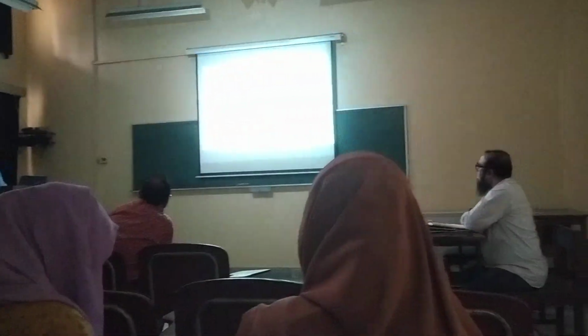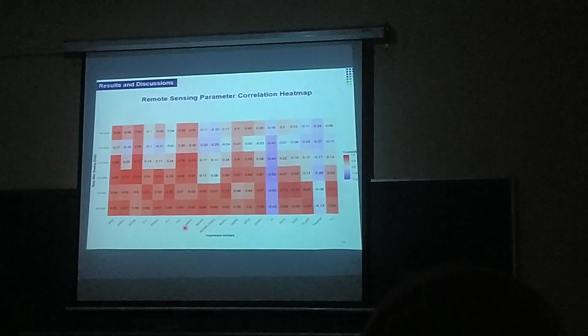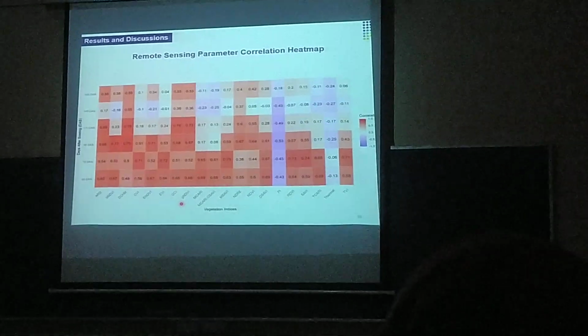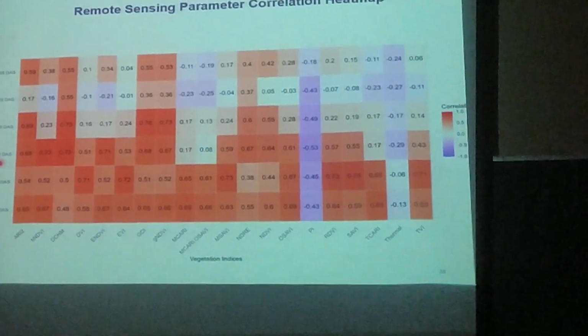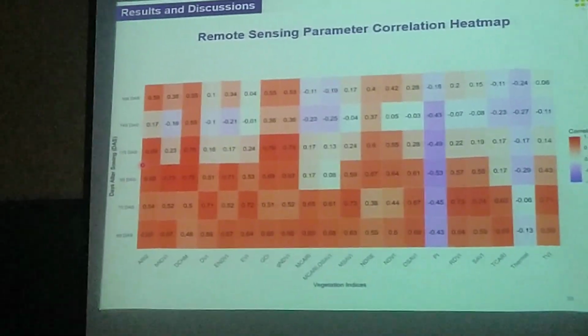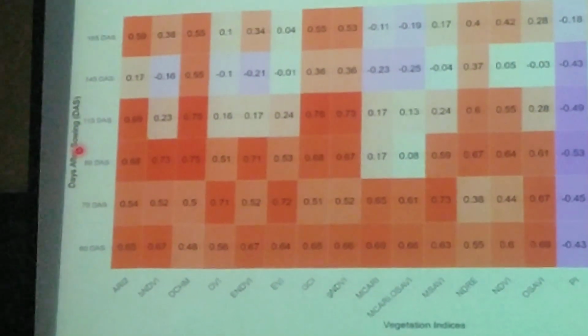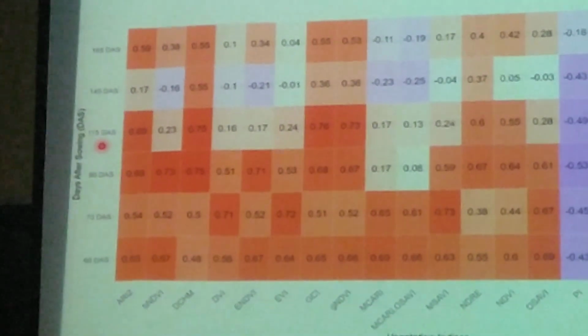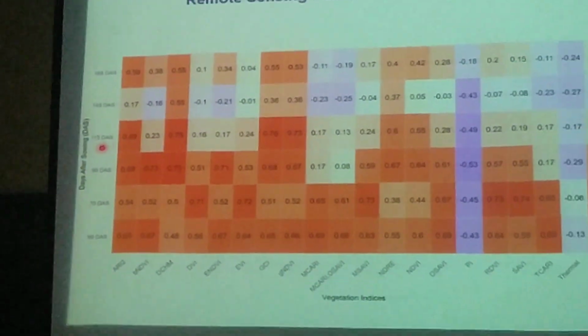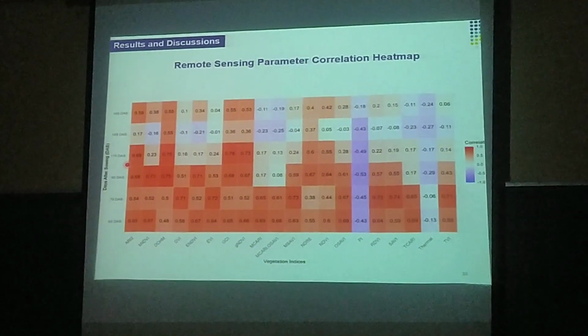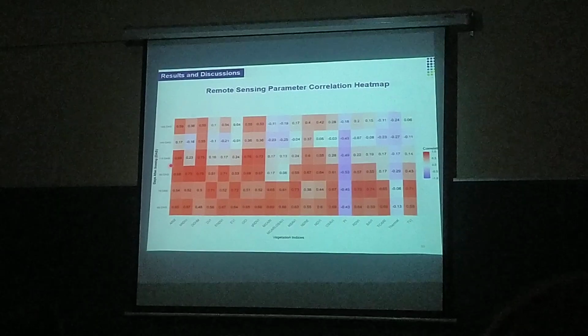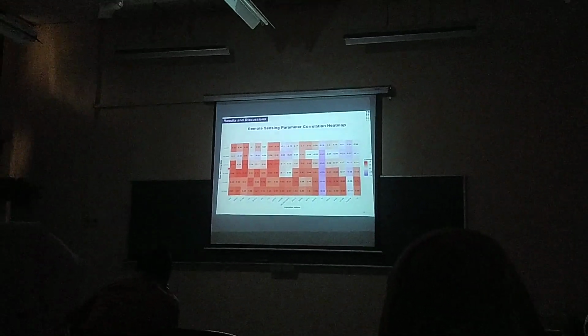Here some specific predictors like the DCHM, the ENDVI, GCI are showing a strong correlation with yield at 90 and 115 DAS, which is the 50% flowering stage and the boll formation stage. From here we can already hypothesize that 90 and 115 DAS will be the optimal stage for yield prediction.